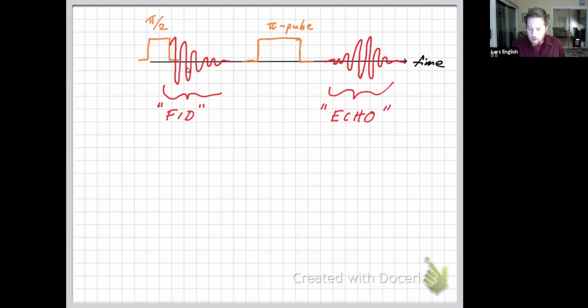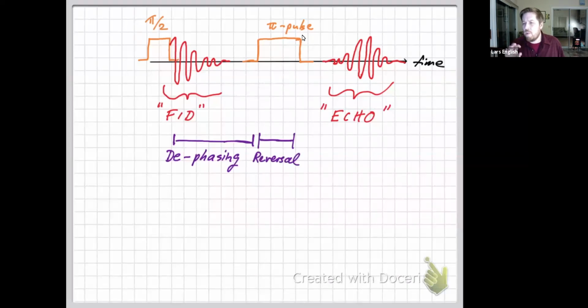Okay, now just to reiterate here, we start at the end of the pi/2 pulse, everything is perfectly synchronized. Then after that, we get this period of dephasing until we hit it with a pi pulse where you get this reversal. And then you get a period where the spins come back into phase, rephasing, I guess, if you will.